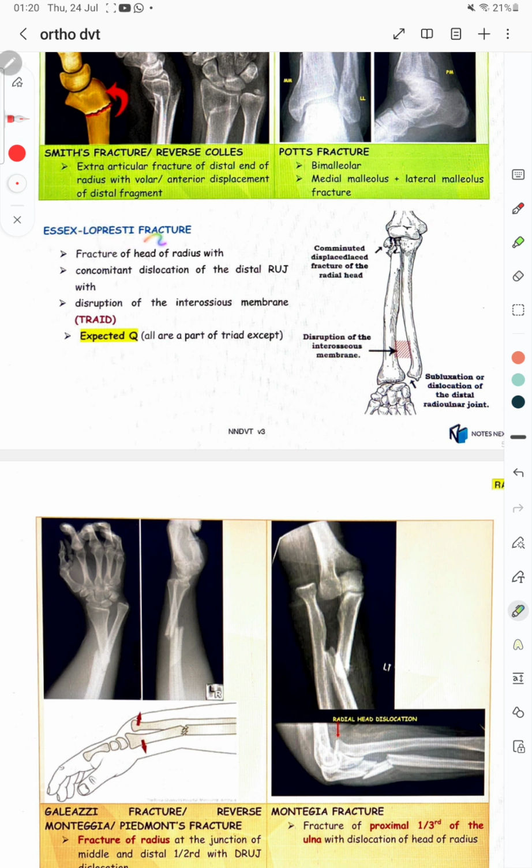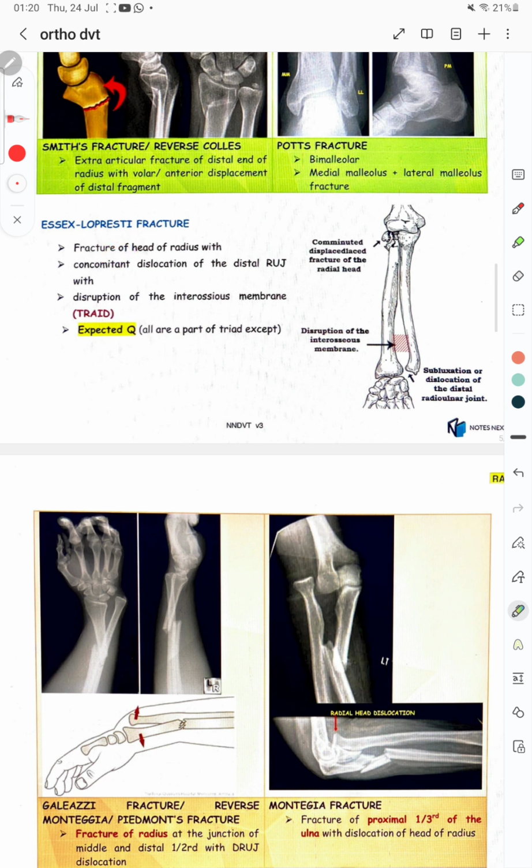Essex-Lopresti fracture, fracture of the head of the radius with, I'm sorry if the pronunciation is wrong, it is Lopresti fracture: concomitant dislocation of the distal radioulnar joint with disruption of the interosseous membrane. The interosseous membrane is disturbed.